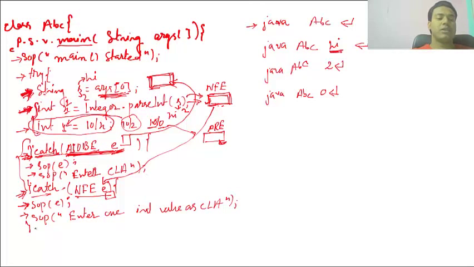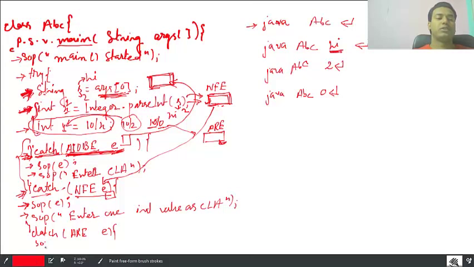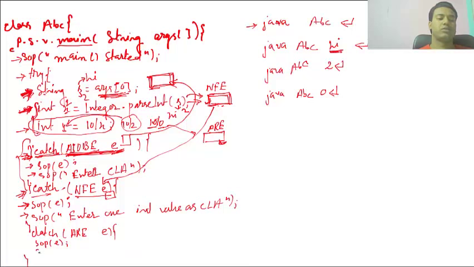So what we can do is, again you take one more catch block, and here you define ArithmeticException e, and here you write an SOP statement of e, and you write an SOP statement of enter non-zero int value as command line argument, right?